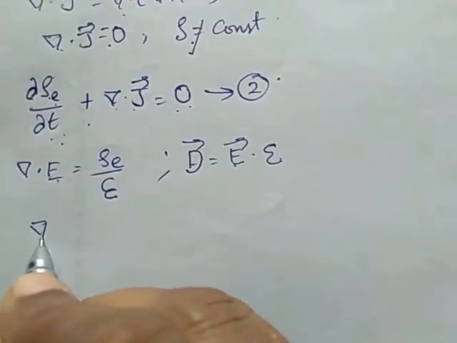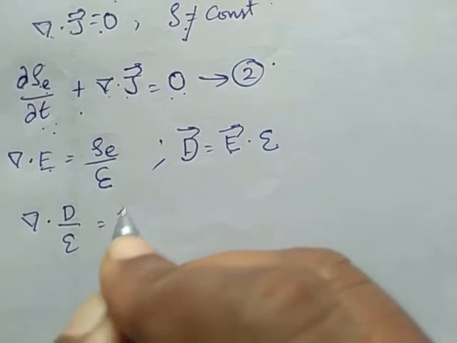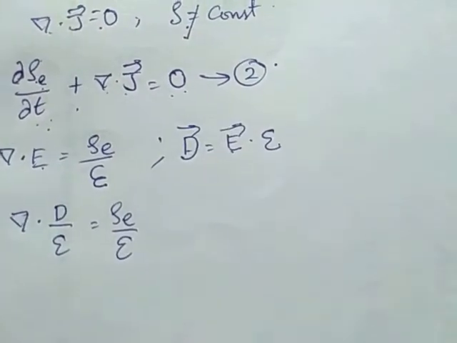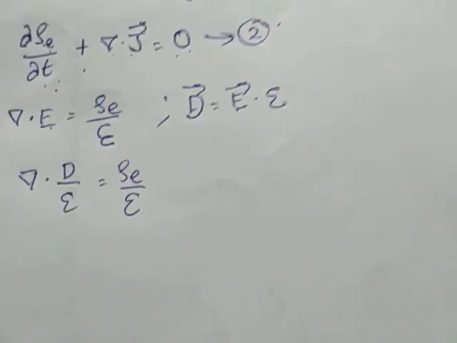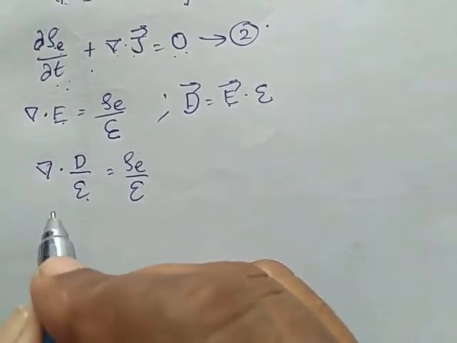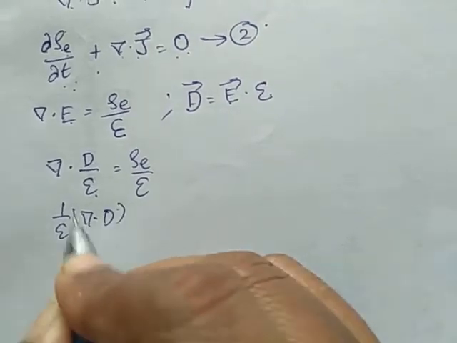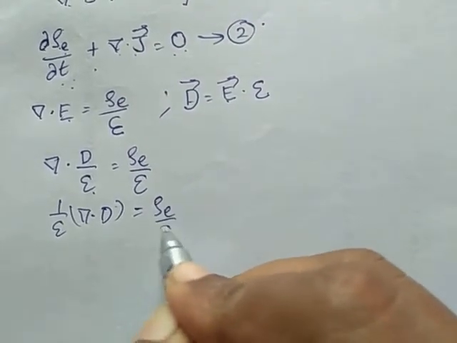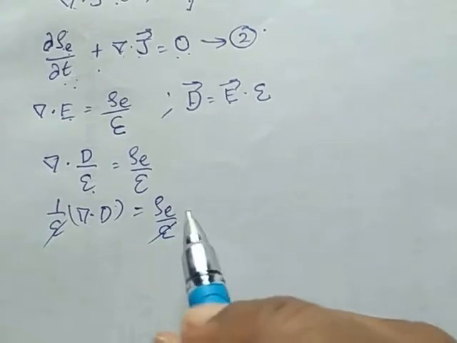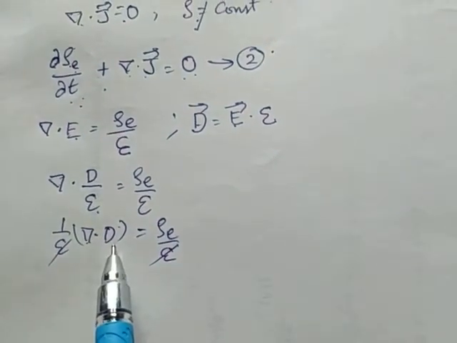We have del dot D by epsilon is equal to rho E by epsilon. Epsilon is constant, so this becomes 1 by epsilon. Del dot D is equal to rho E.